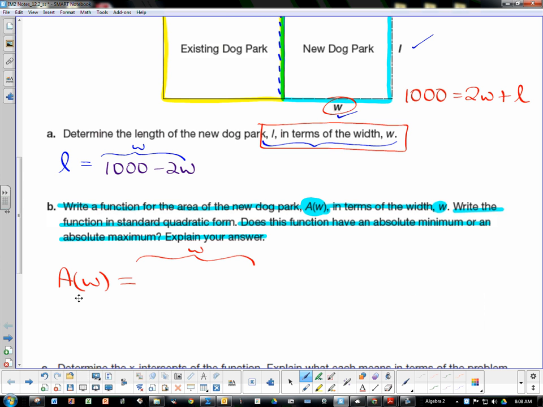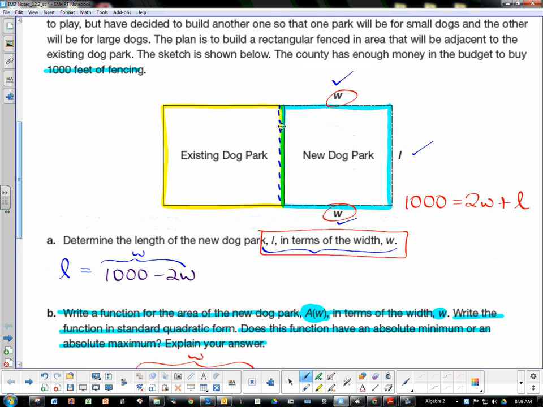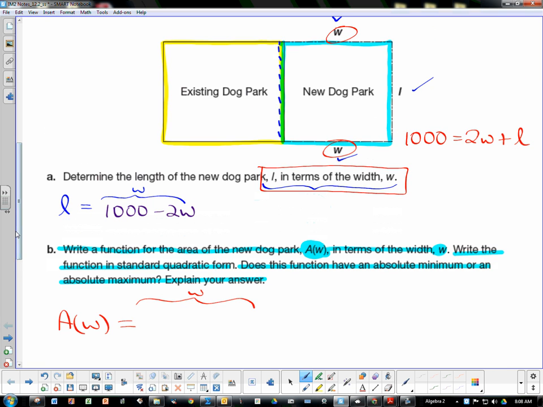So we want this area function, right? Do you agree that we are finding the area of what seems to be, I know it looks like a square, but we can only assume it's a rectangle for now. Let's just assume it's a rectangle. How do you find the area of a rectangle, folks? Length times width. And in our case, we do have a length and a width.